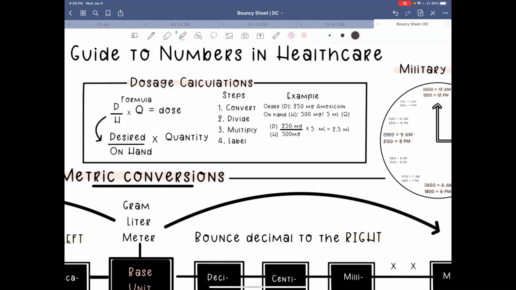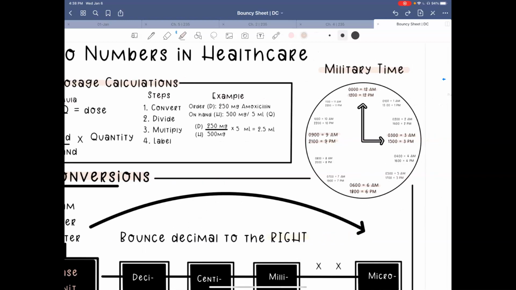You also have the steps here to convert, divide, multiply, label. You have an example over here that works through a problem for you also. You're going to want to keep this worksheet handy because it will help you in the coming chapters, okay?